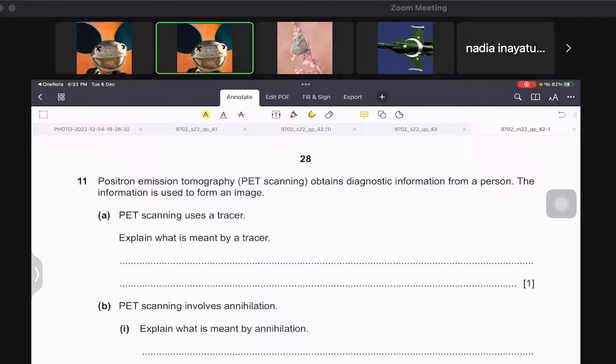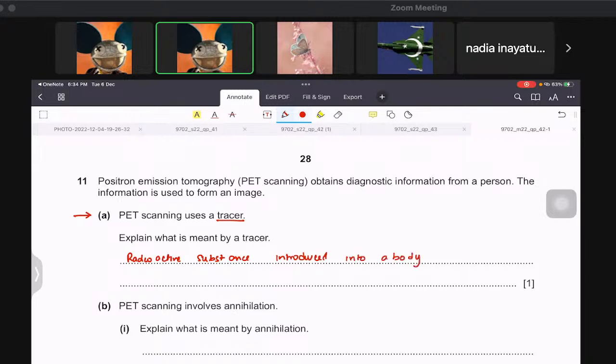So first of all, the question says, a PET scanning uses a tracer. Explain what is meant by tracer. Basically, I gave you the definition for 2 marks and here it is 1. So even if it's that, you still need to do it. So tracer is a radioactive substance introduced into a body.